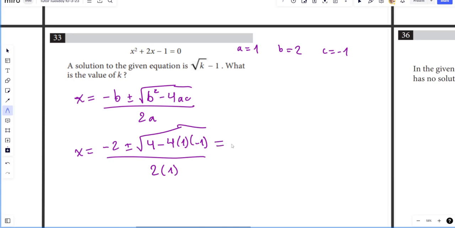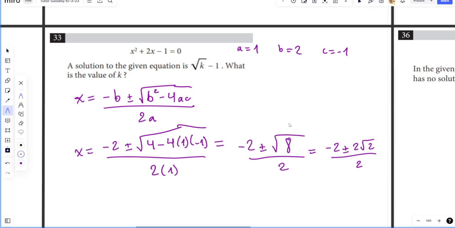If we simplify that, we get negative 2 plus or minus the square root of 8, over 2. And the square root of 8 is going to be 2 square root of 2, right? Because, as an aside, it's the square root of 4 times the square root of 2. Square root of 4 is just 2.